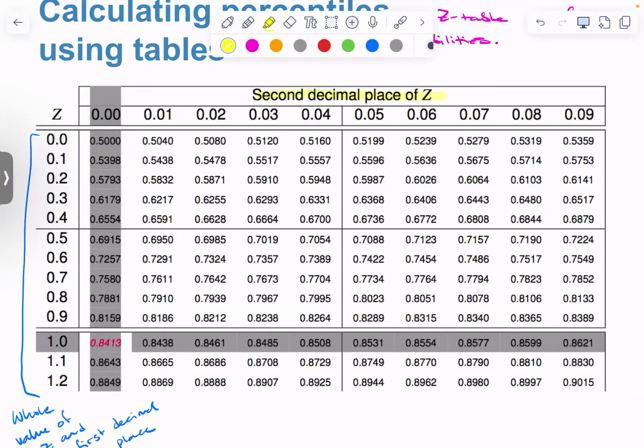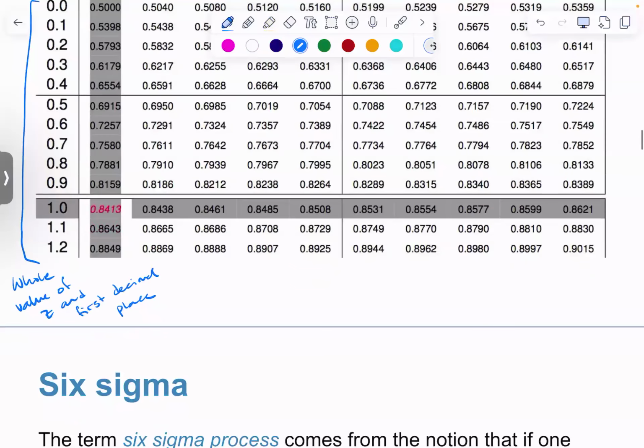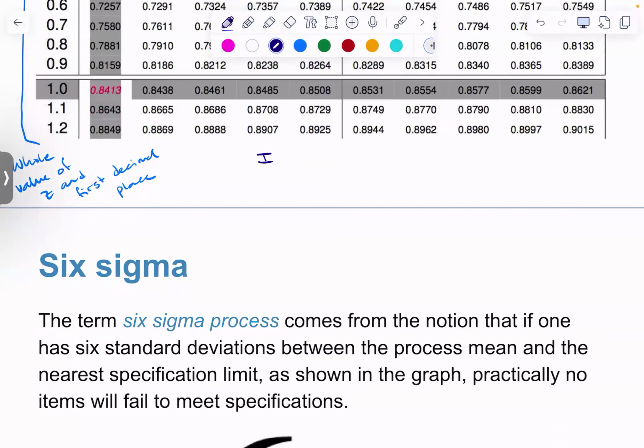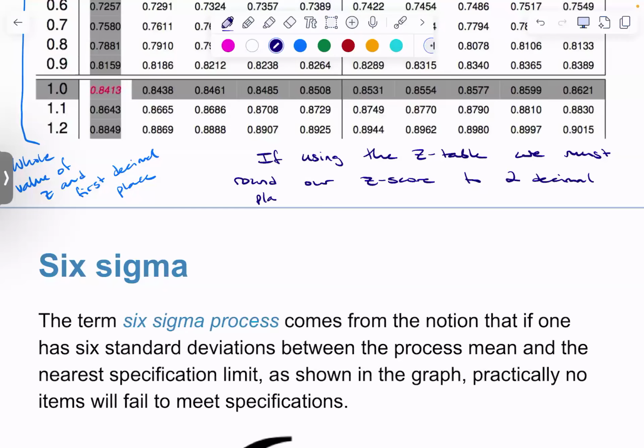So if using the Z table, which we're not always doing, that's why I specify, we must round our Z score to 2 decimal places, which I like to abbreviate DP.